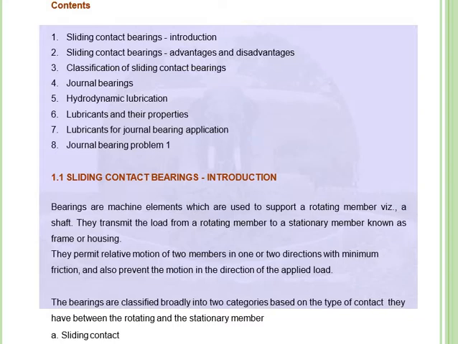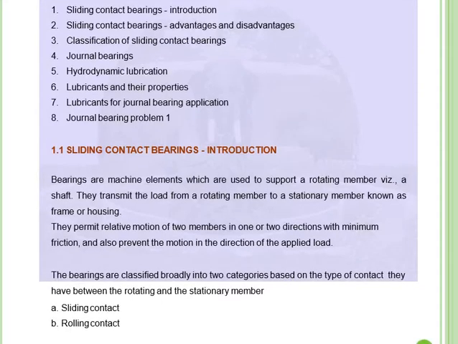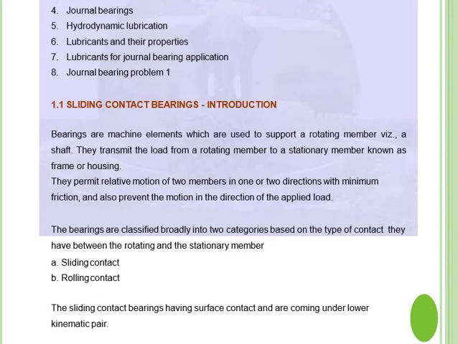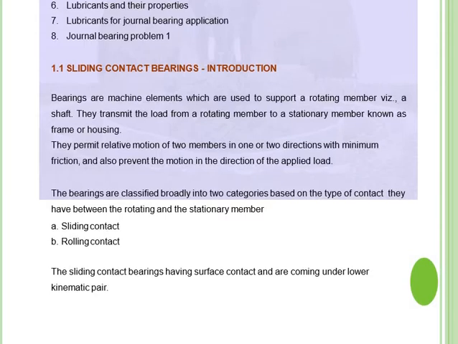Another important point is that there are many types of bearings, and the important categories are the sliding contact bearing and the rolling contact bearing. First, we are going to discuss the sliding contact bearing.